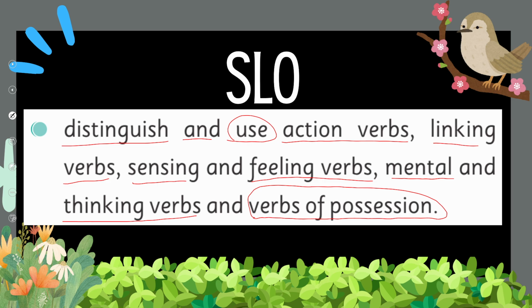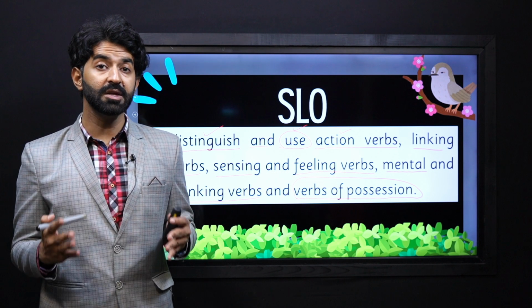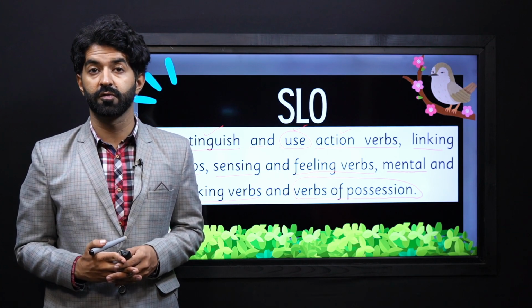So now all these are different types of verbs. We will be able to distinguish, differentiate between all these and use these action verbs, linking verbs, sensing and feeling verbs, mental and thinking verbs, and finally verbs of possession. All these types of verbs will be covered in this video lesson.